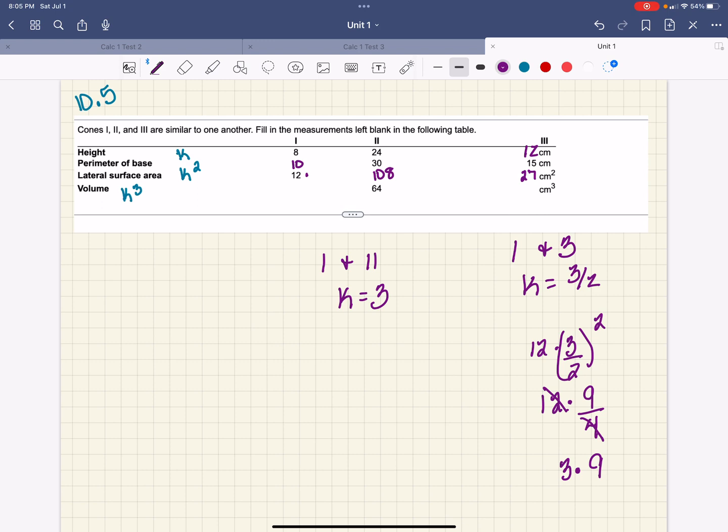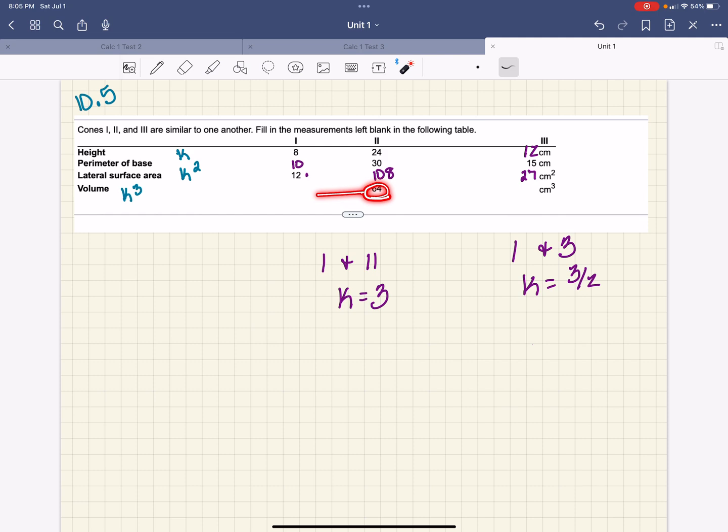Now, for our volume, we're going to cube the k value. Here we are going from 64 back this way, so the volume is going to be smaller than 64. Going from here to here, the value is 1/3. 24 to 8, 8 is 1/3 of 24. 30 to 10, 10 is 1/3 of 30.